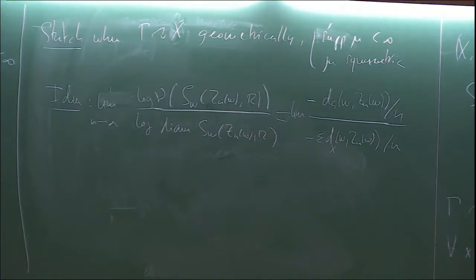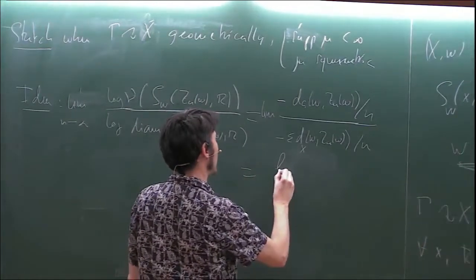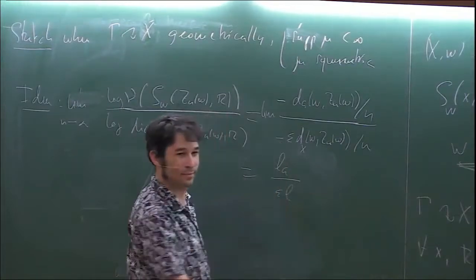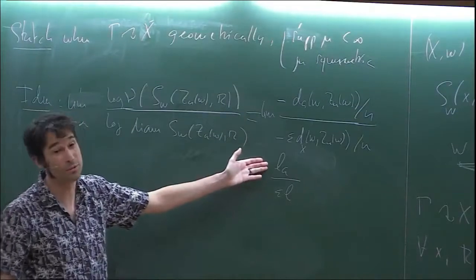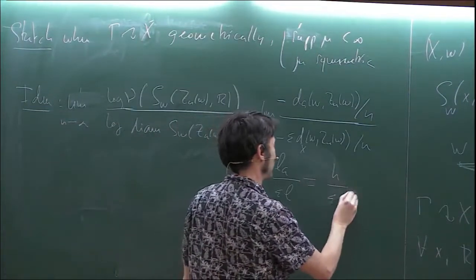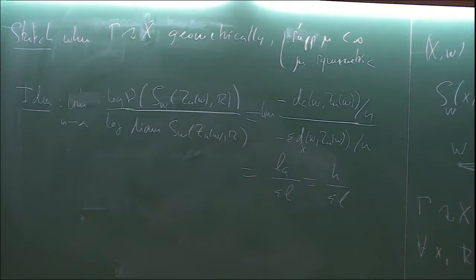You're supposed to recognize the definition of the drift. So this is exactly l_G divided by epsilon L. But then we've seen that the drift in the Green metric was exactly the entropy. So this is it. Okay, so I would like to say, so then I'm happy and I'm done.